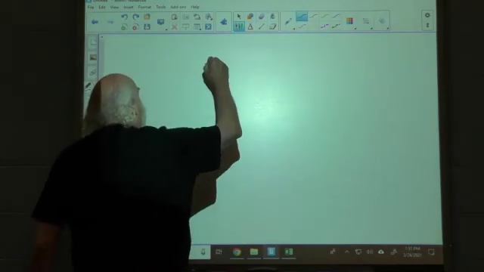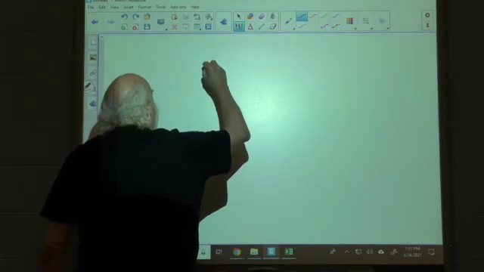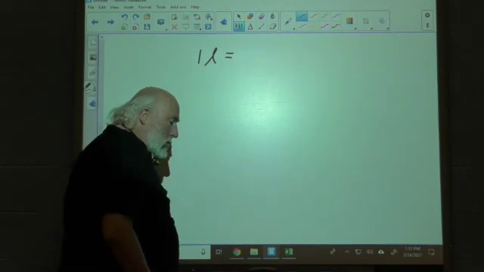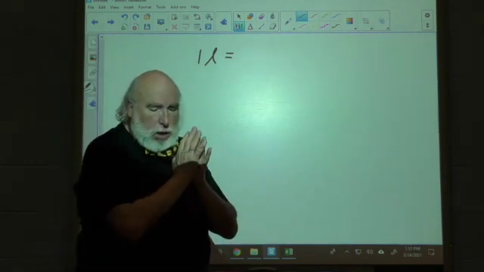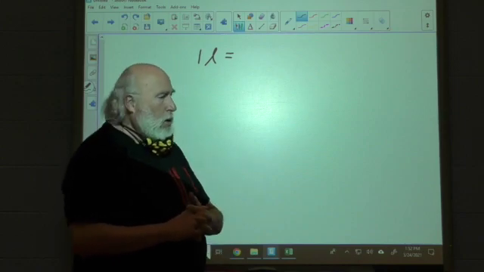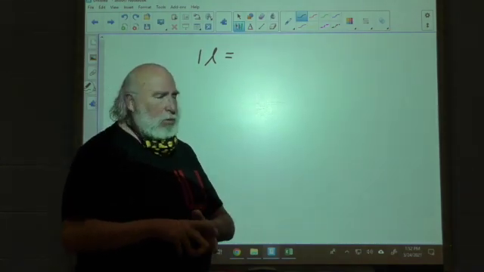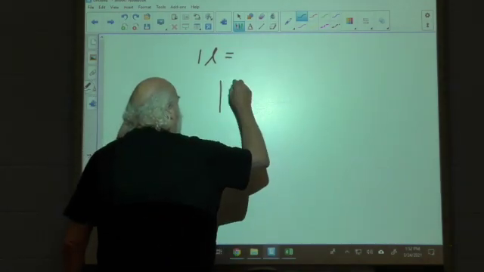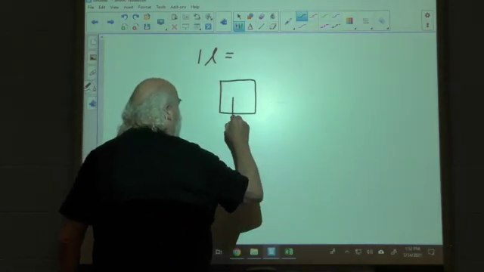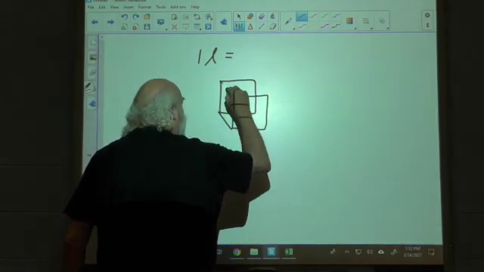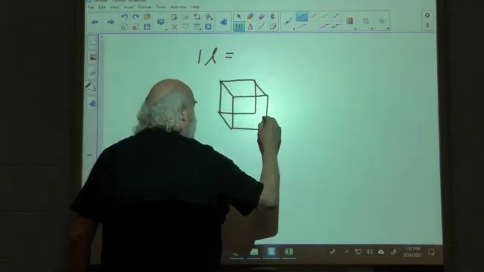So, if we have 1 liter, this is the commonly used metric volume. It's not the SI volume. I will talk about that just a little bit. But the original definition of a liter was a box that was 1 decimeter on a side.